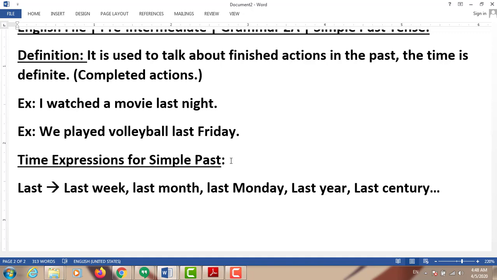About last, in Persian we say گذشته. Last week, هفته گذشته. Because this is past, you must use simple past. Last month, ماه گذشته. Now it is گذشته, so we use last. Last Monday, دوشنبه گذشته. So it's all last: last year, سال گذشته, last century, قرن گذشته.